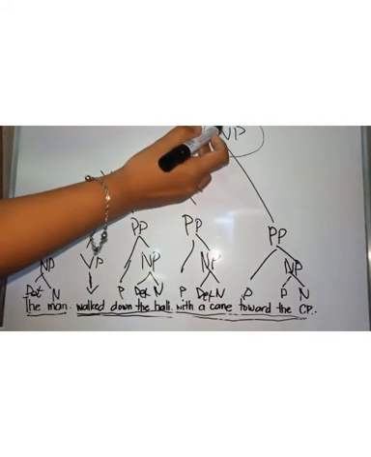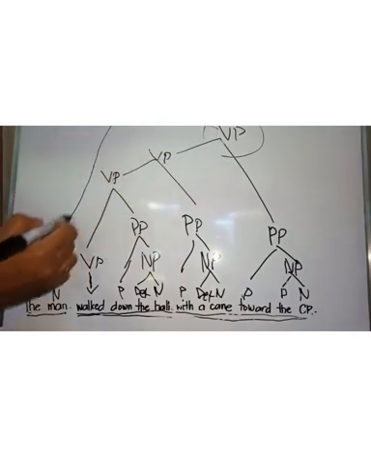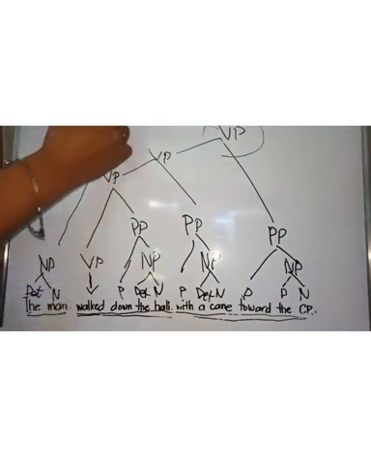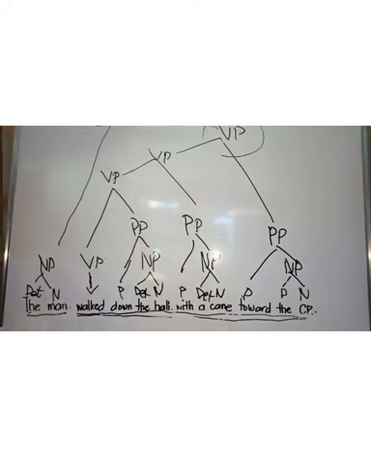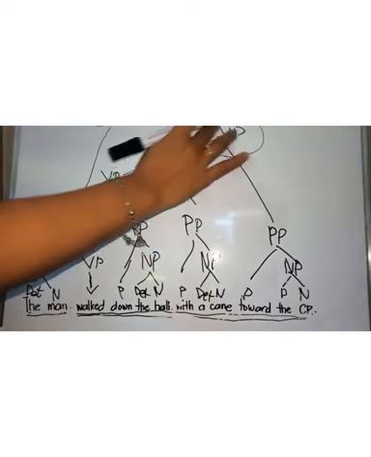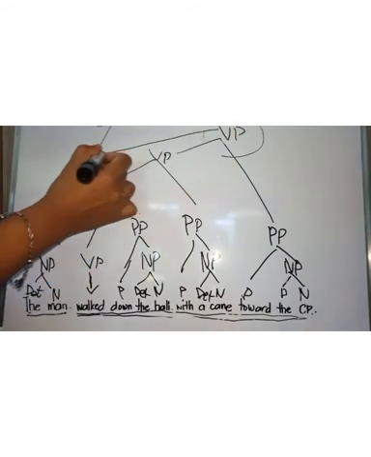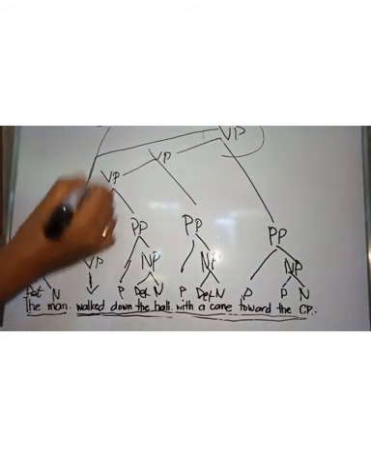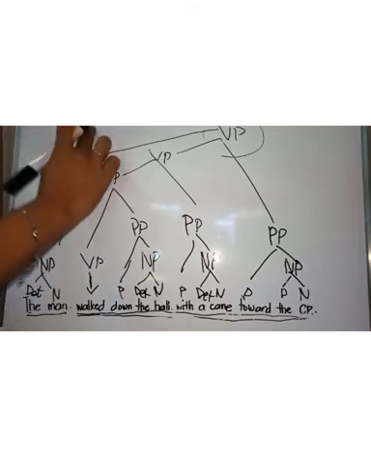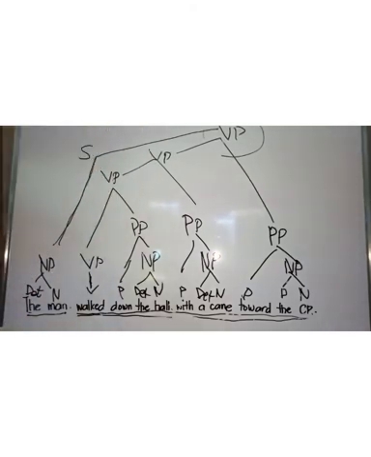So this here will become your mother verb phrase added to your noun phrase that creates the... Okay, so this noun phrase plus verb phrase here creates your S node or the sentence.